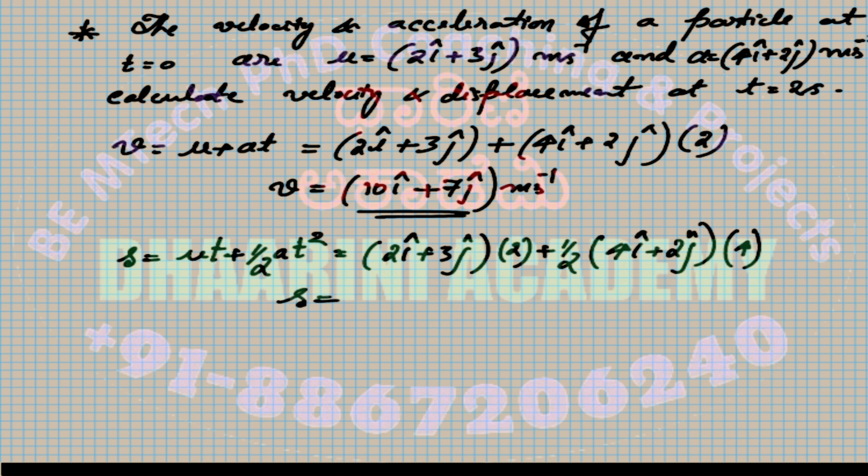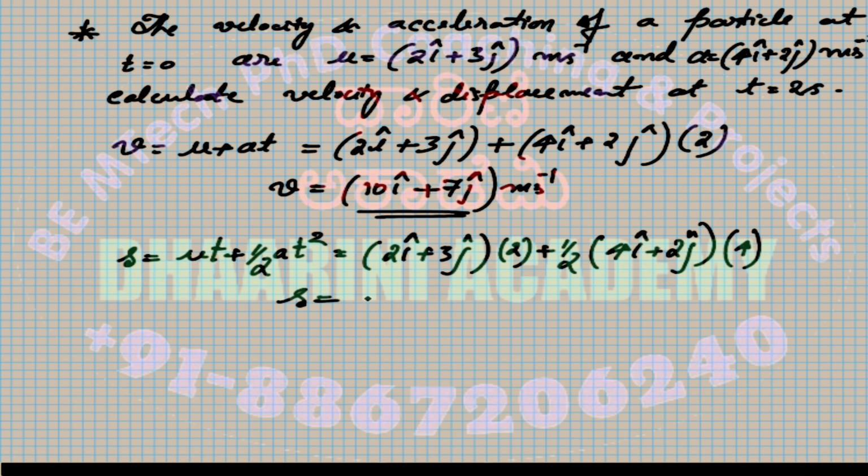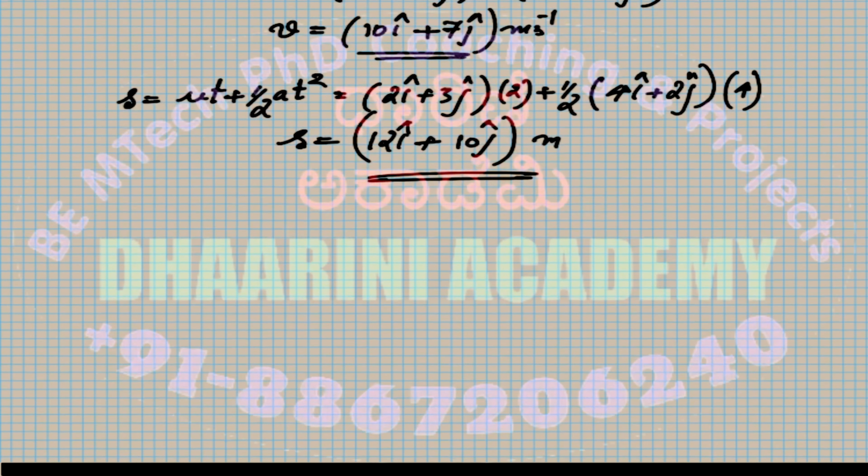All right, so this means the displacement is equal to 4 plus 8, so this is 12 i cap plus 6 plus 4, so this is 10 j cap meters. Okay, straightforward answer. Let's move to the next question.